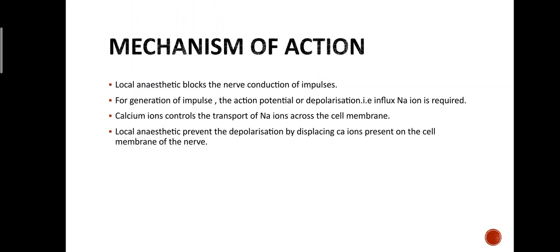Next point, mechanism of action. This is a very important question about this chapter. Local anesthetic blocks the nerve conduction of impulse. For generation of impulse, the action potential or depolarization, that is, influx of sodium ions, is required. Calcium ions control the transport of sodium ions across the cell membrane. Local anesthetic prevents the depolarization by displacing calcium ions present on the cell membrane of the nerve.